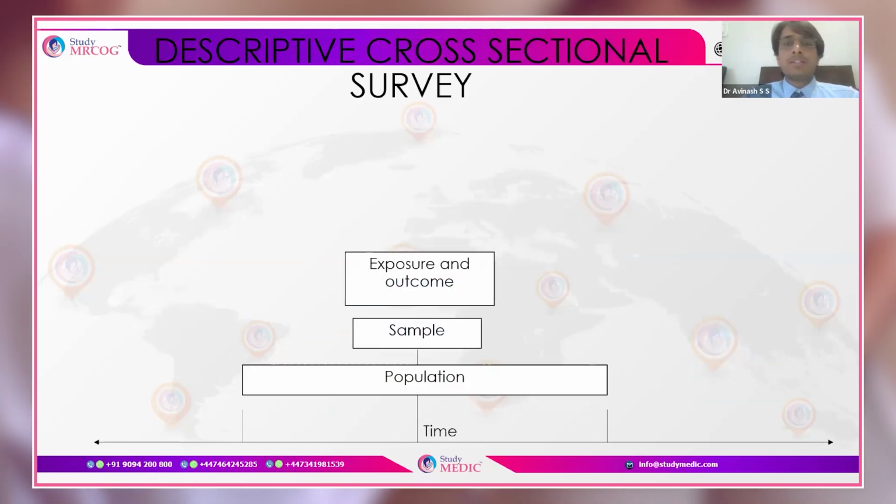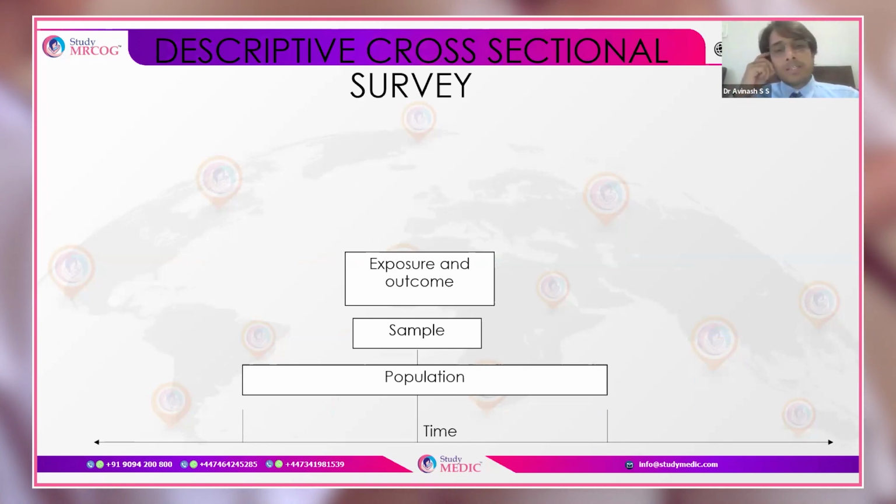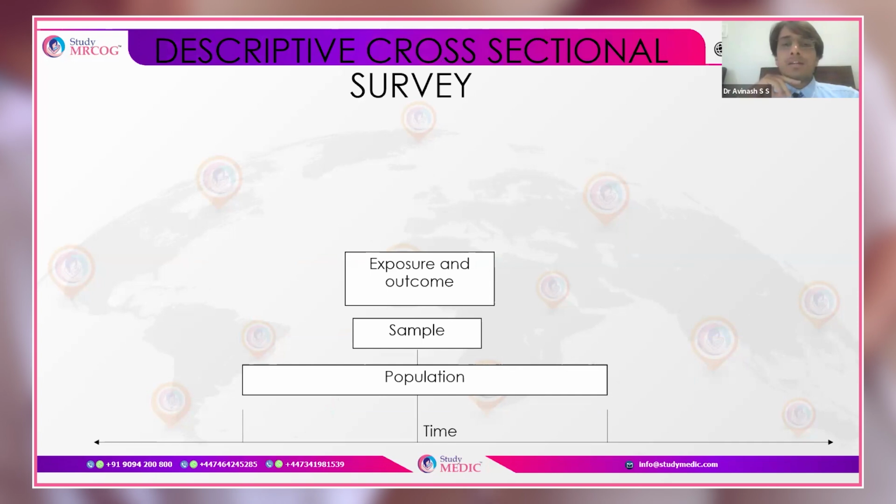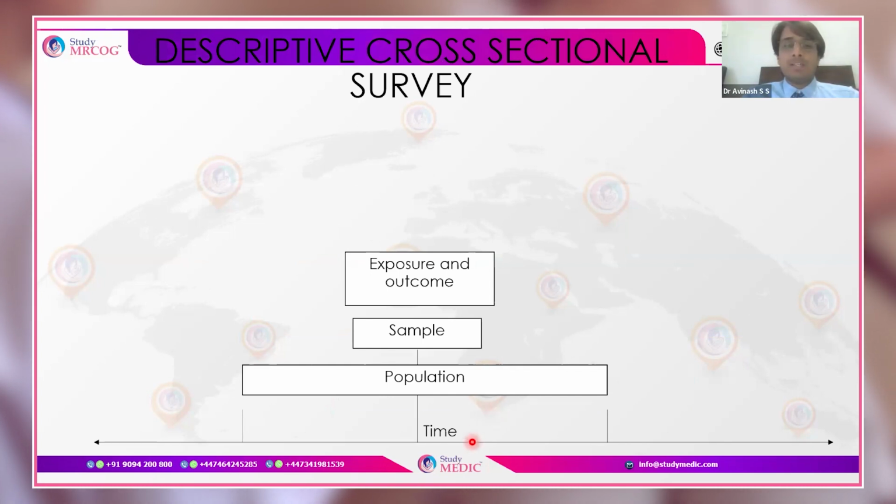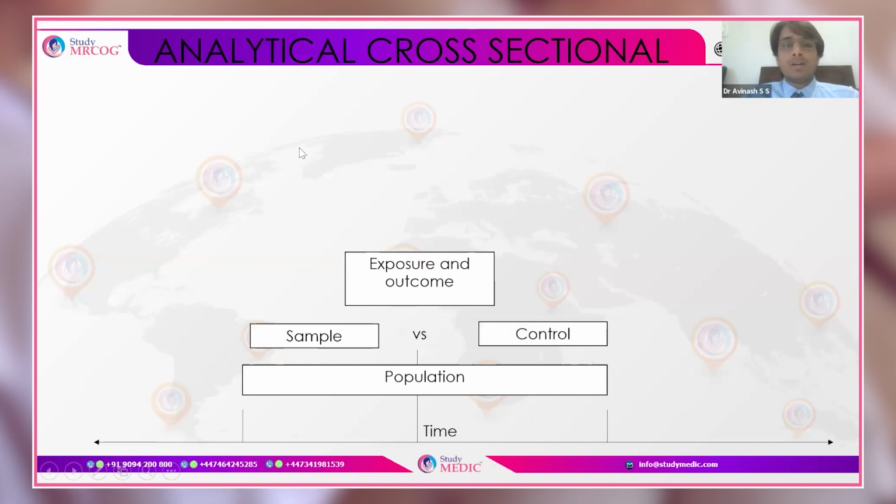Now, a survey is a descriptive observational study design without control. Here, within a single point in time, we take details about the sample, that is, details about both the exposure and the outcome at a single point in time. When we take a single point in time, we get what is called a single cross-sectional study design. Then there is the analytical cross-sectional study design.